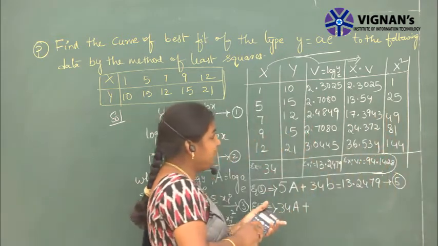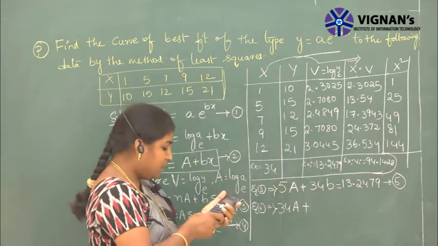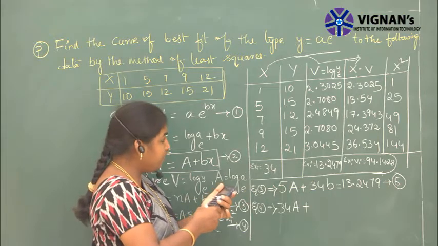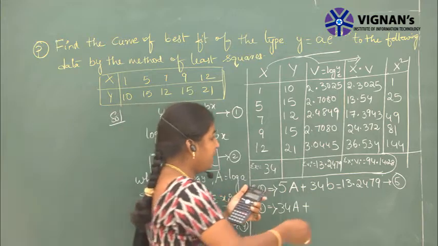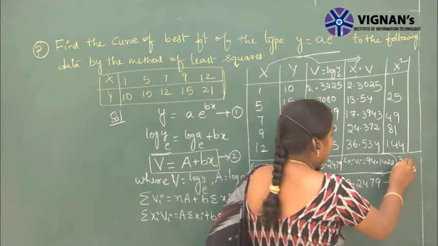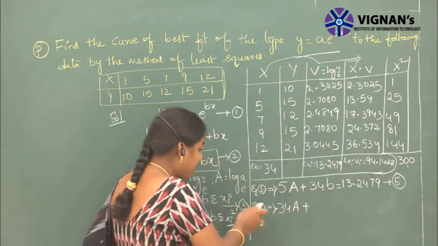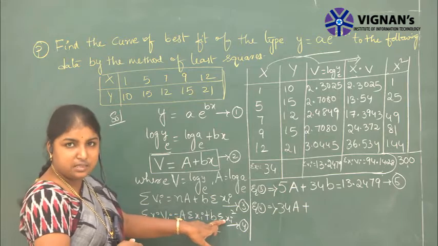We are taking summation of all these values, that means you are adding all these values. 1 plus 25 plus 49 plus 81 plus 144, we get this value is equal to 300, right? So now I am substituting 34A plus B into summation x square.